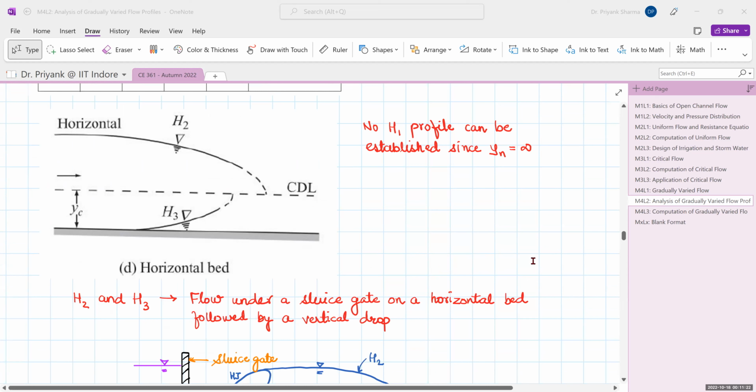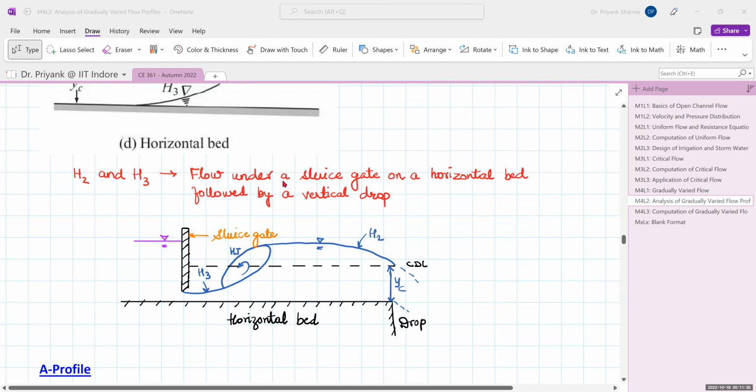Here you can see that when they meet the CDL, there is a discontinuity which is represented by a dashed line. In a practical example, where we can see H2 and H3, that is when the flow is happening below a sluice gate on a horizontal bed and it is followed by a drop.